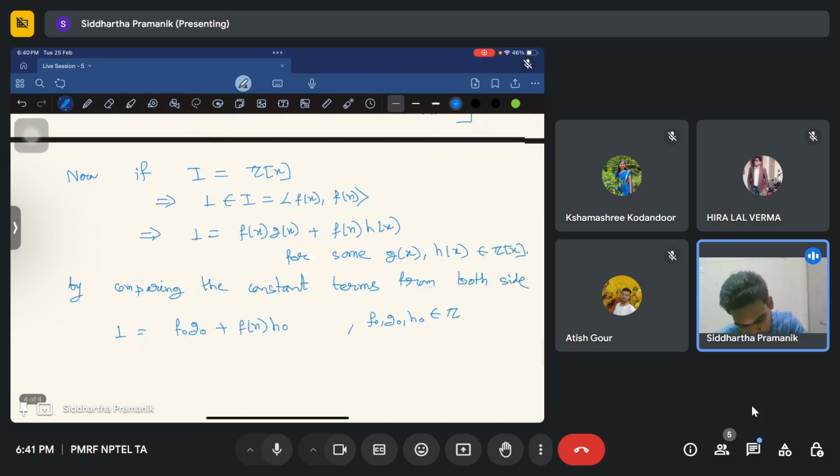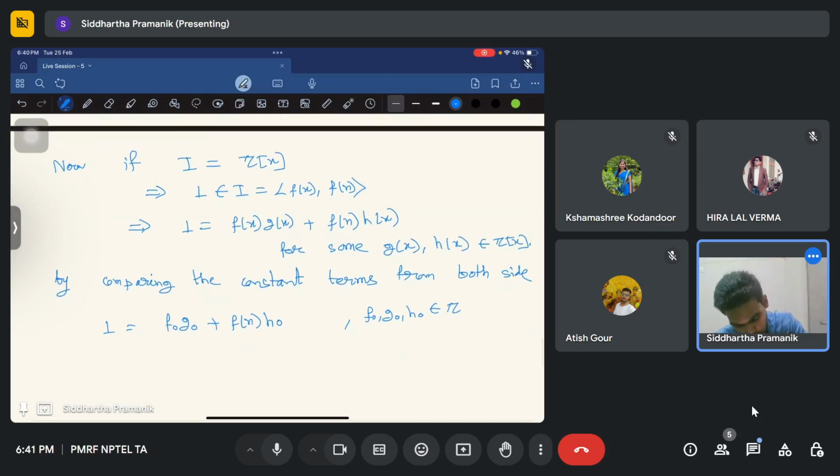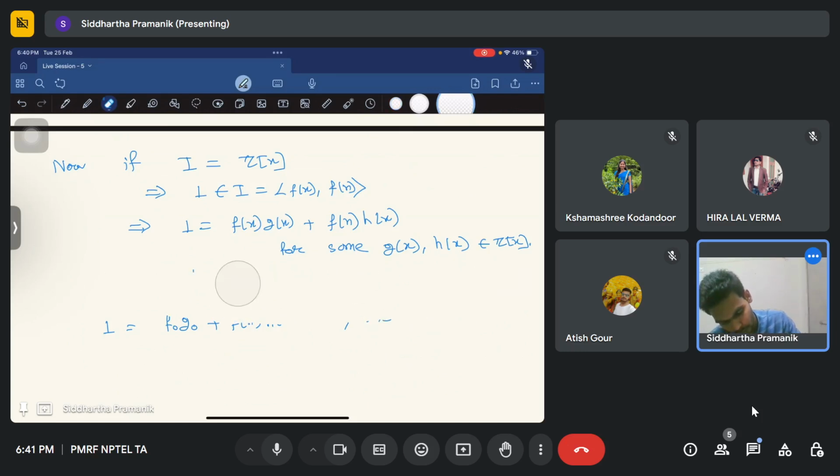So from this what can you conclude? Okay, am I making some mistake? Yeah, you don't need to compare. Left side is a function, right side is a function. You just evaluate these functions at n.